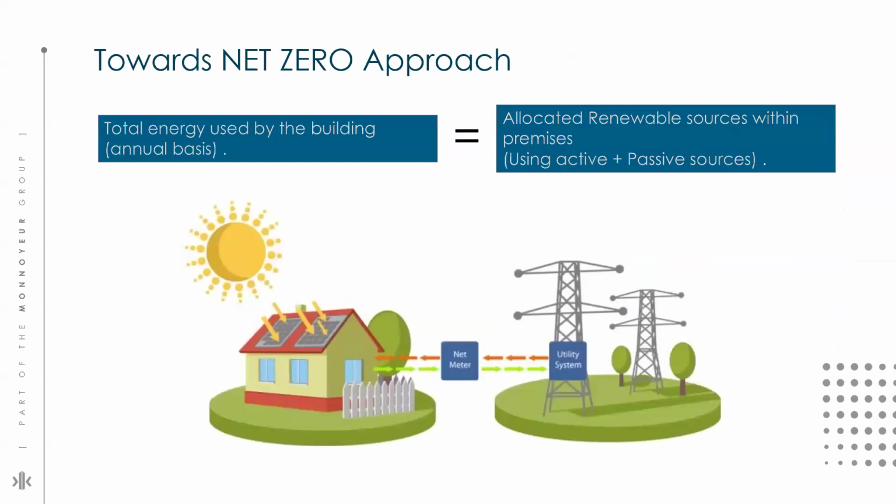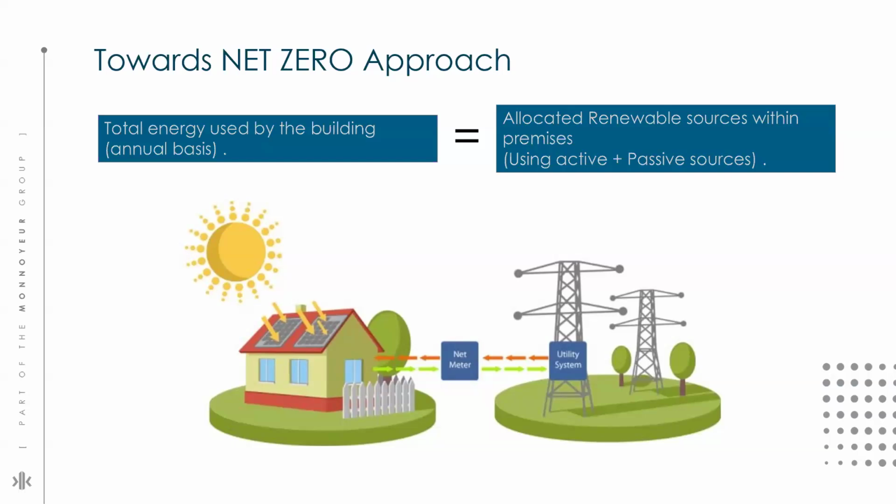Talking about the net zero approach, in short, it is the total energy that is being used by the building on an annual basis. How much energy you are consuming is one part of it. The other part is how much you are utilizing renewable sources within your premises, whether an active portion or a solar passive portion.